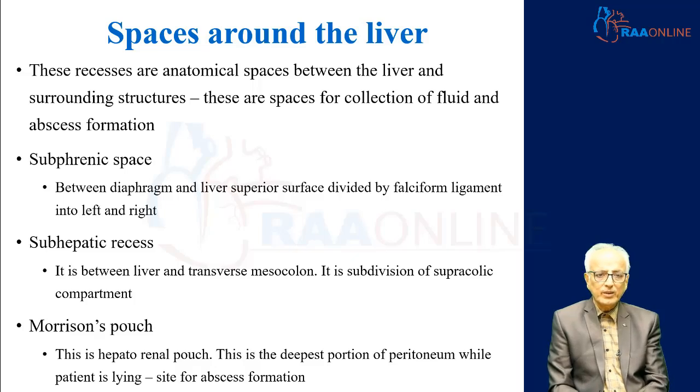Subhepatic space is between the liver and the transverse mesocolon and is a subdivision of the supracolic compartment. Morrison's pouch is the hepatorenal pouch, and this is the deepest portion of the peritoneum when the patient is lying down, and this is the commonest site for abscess formation.